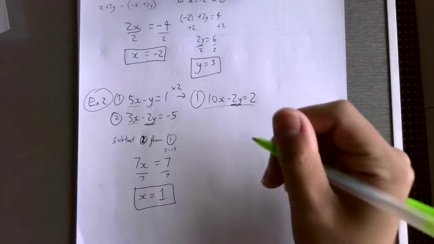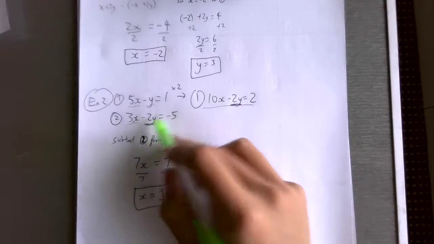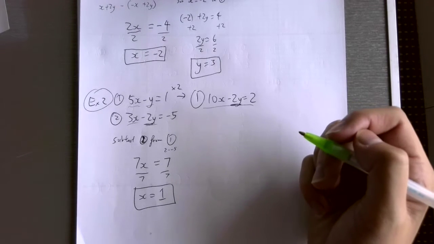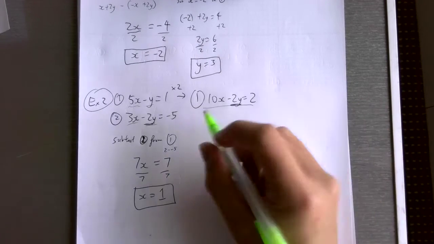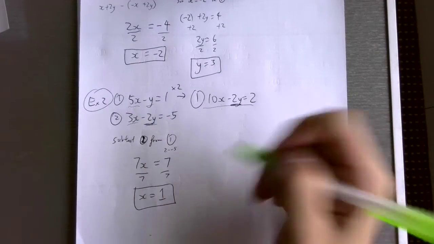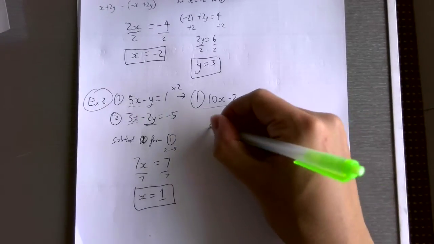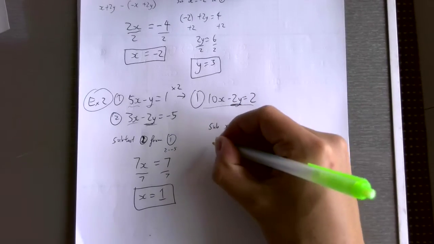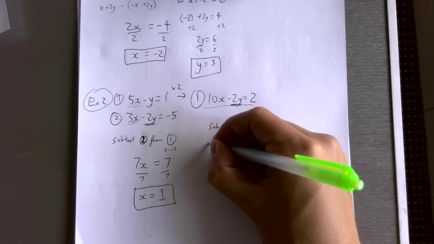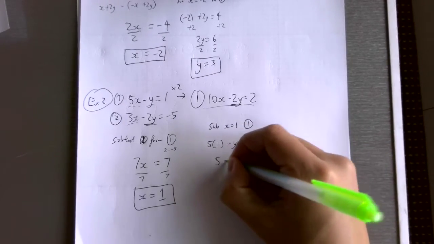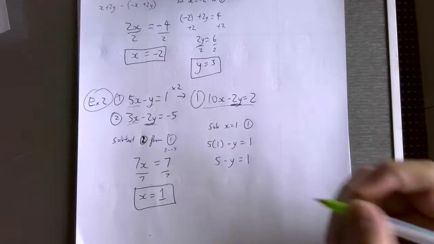Once we found that x equals 1, the thing now is we have 3 equations we could substitute it into. It doesn't actually matter which equation we sub in. It'll work when we sub in x is 1 here, it'll work when we sub in x is 1 here or here. So let's just go with our easier one. Sub x equals 1 into our first equation, and then we get 5 times 1 minus y equals 1, 5 minus y equals 1.